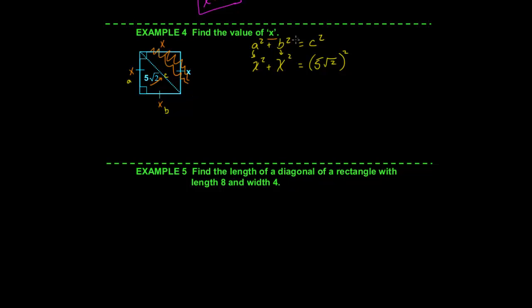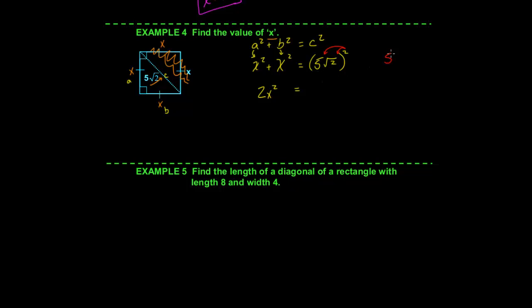We have here an X squared plus an X squared. What is X squared plus X squared? 2X squared equals, just as I did before, we're going to take this squared and we're going to take it to both items inside these parentheses.